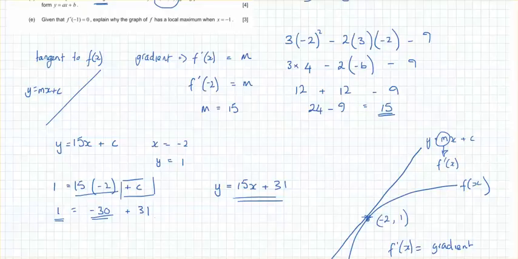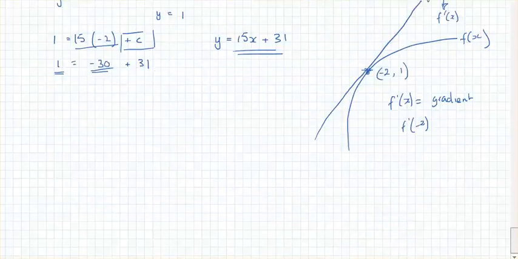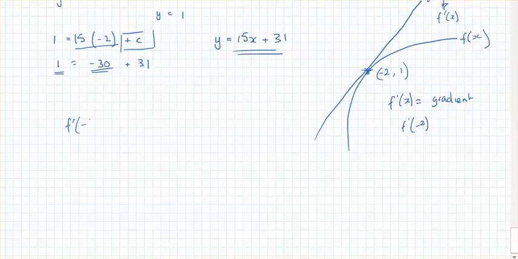Okay, so I'm just going to move this down. So we'll say, was it f dash of minus 1? So f dash of minus 1 we know is equal to 0. That gives us a turning point. So we know at some point on f of x, our curve is going to have a flat bit.